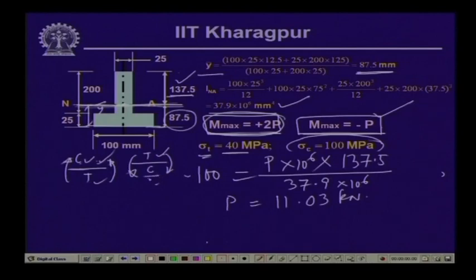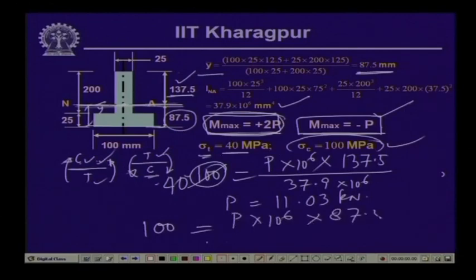Now, if we compute the stress at the bottom, which is a compressive stress, well, the tensile stress limit was 40 MPa, and the compressive stress limit is 100 MPa. So, the compressive stress at the bottom, 100 MPa, is equal to P into 10 to the power 6 into 87.5 divided by 37.9 into 10 to the power 6.